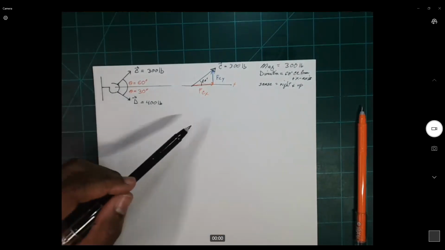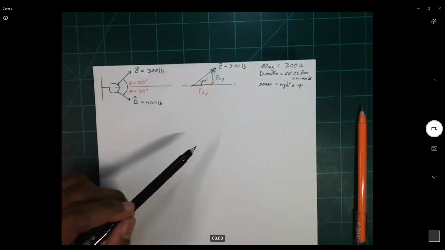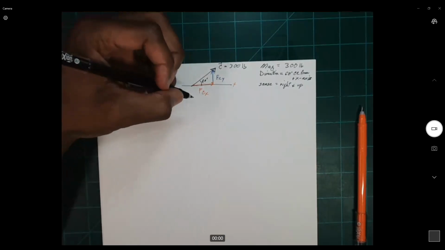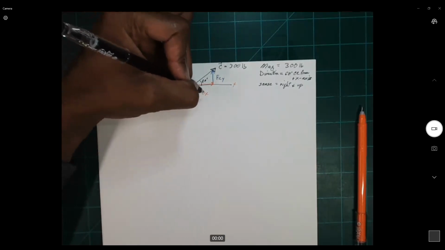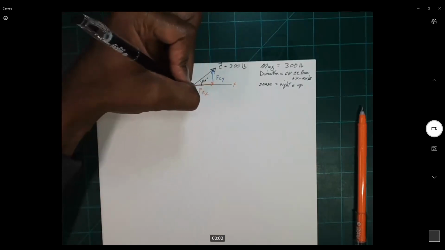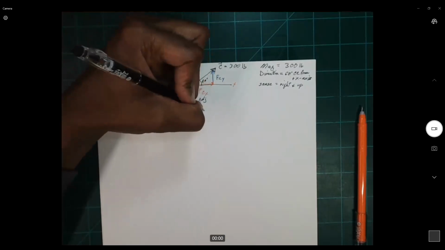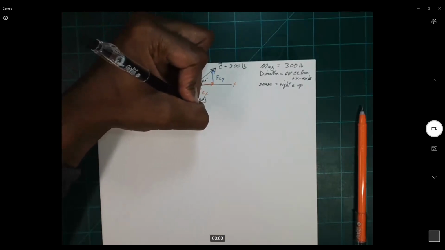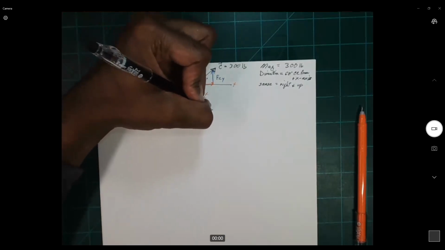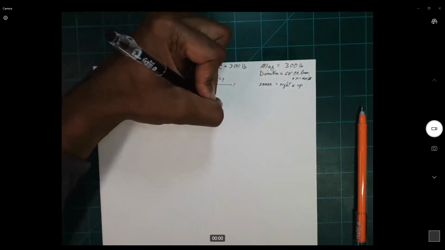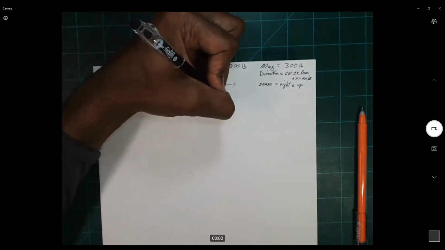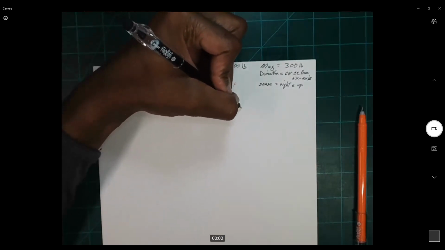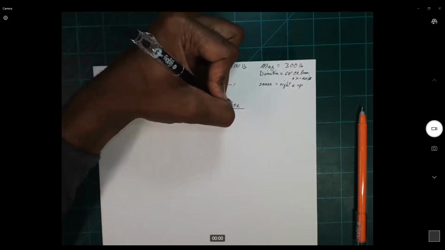Now we're going to solve for our x and y components. Starting with our x component, we know that our force FCX is adjacent to the angle, so we're going to use cosine theta. Cosine 60 degrees equals adjacent FCX over 300 pounds.